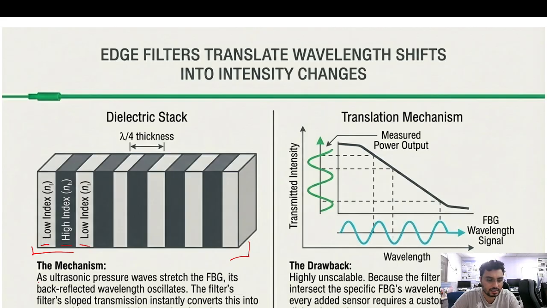The mechanism: ultrasonic pressure waves stretch the FBG, its back-reflected wavelength oscillates, and the filter's slope converts this slope transmission intensity into measurable power variation at the photodetector.